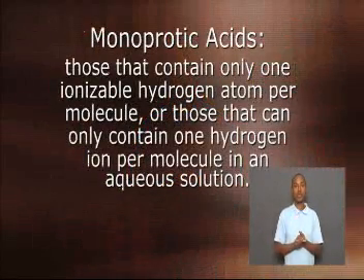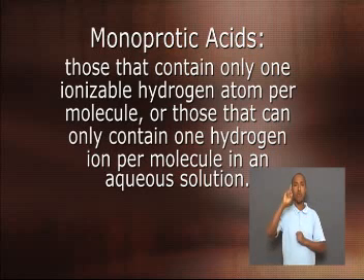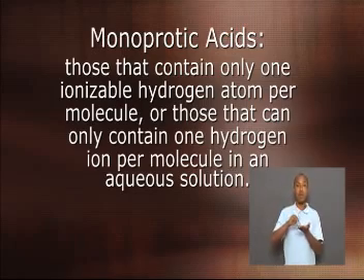One way that acids can be classified is by the number of replaceable or ionizable hydrogen atoms they contain per molecule. Monoprotic acids are those that contain only one ionizable hydrogen atom per molecule, or those that can only furnish one hydrogen ion per molecule in an aqueous solution.